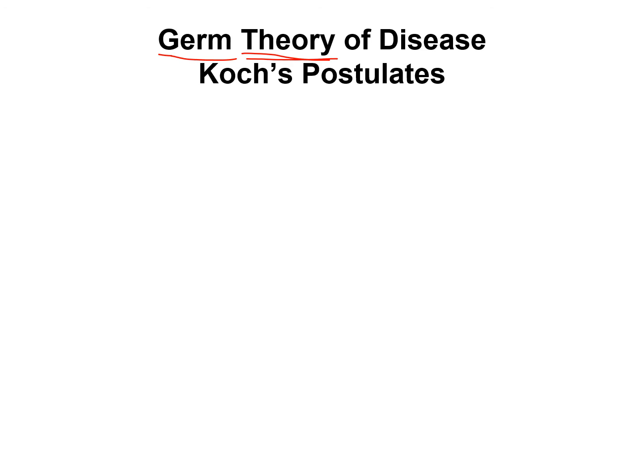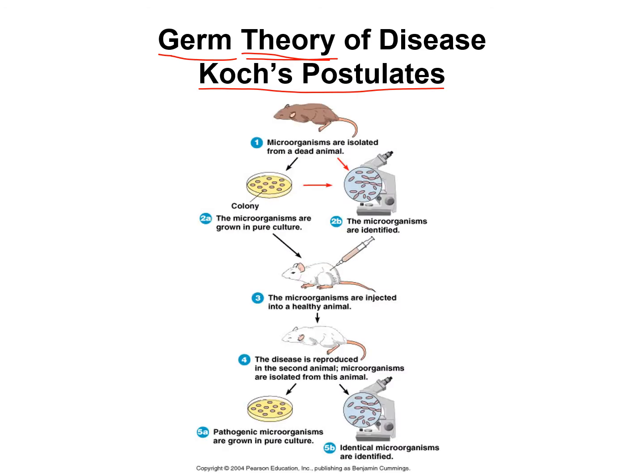But Koch developed a set of postulates, basically a sequence of experimental steps that you can go through to prove that a particular microbe causes a specific disease. And so this is just an example of those steps. These are Koch's postulates, and I'll talk about them in more detail later on when we talk about disease.